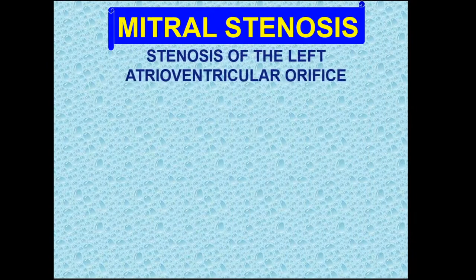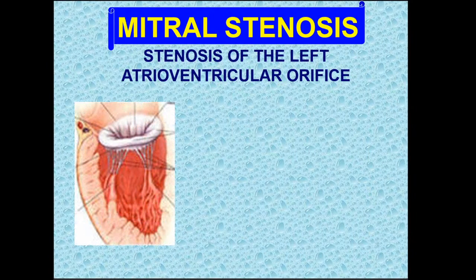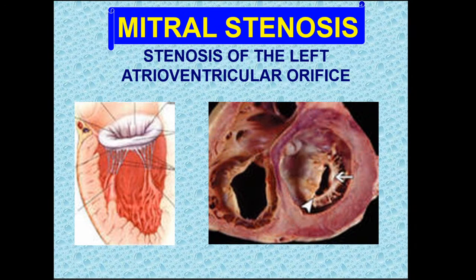Now let's stop on the characteristics of every heart defect, because every heart defect will be given separately on the exam. Mitral stenosis is narrowing of the left atrioventricular orifice. You can compare the normal right atrioventricular orifice and the diminished left atrioventricular orifice.